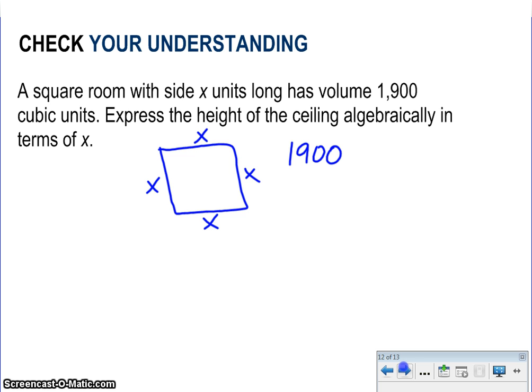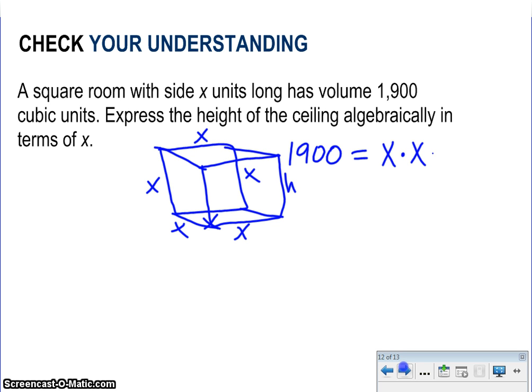So we're looking at 1,900 equals, we don't know the height, so we're looking at a cube here. We do not know the height, but we do know that each side is an X. So we've got X times X for the two sides of the square, times whatever the height is.